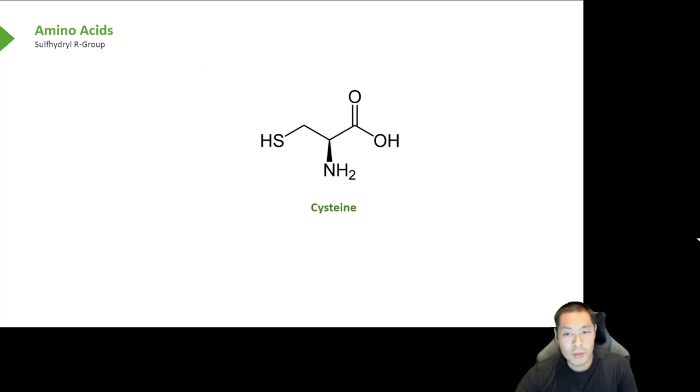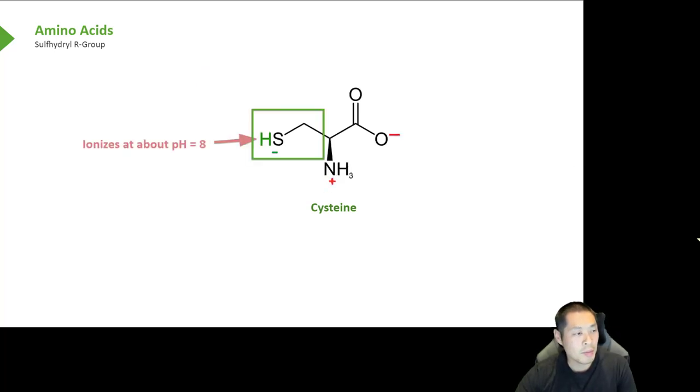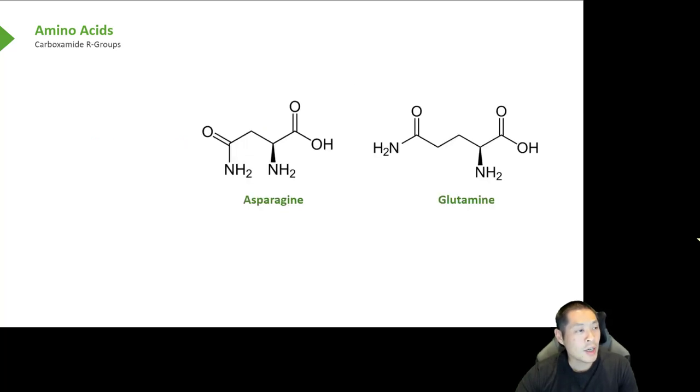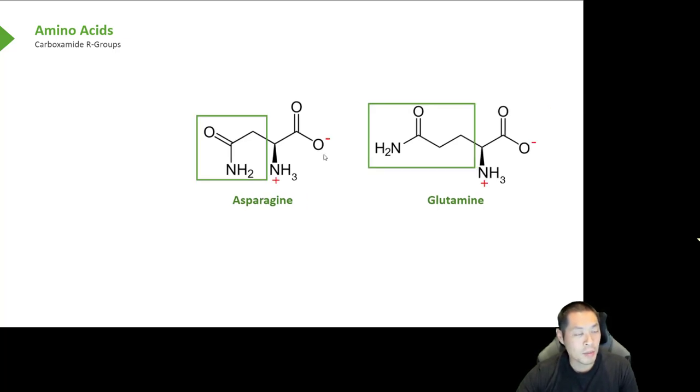Here's the sulfide group. It's very similar. It could be ionized, or it could create a hydrogen bond. Here we have carboxylamine, which just means you have a carboxyl group with the amine group. And you'll notice that it's going to have similar effects. You're going to be able to create hydrogen bonds with it.